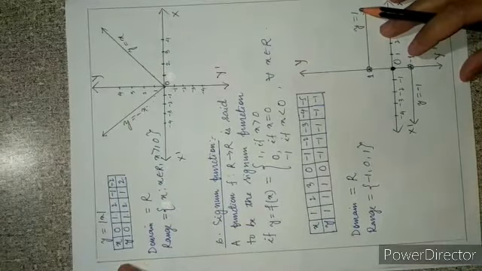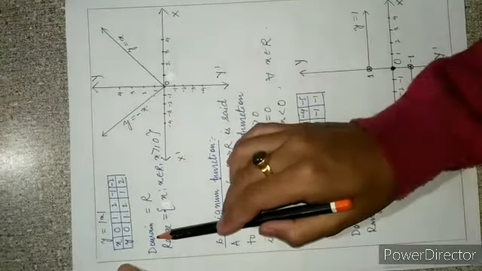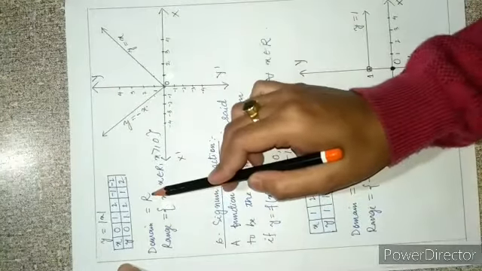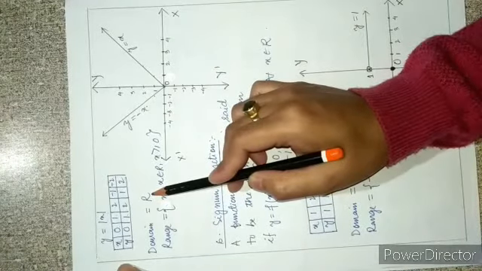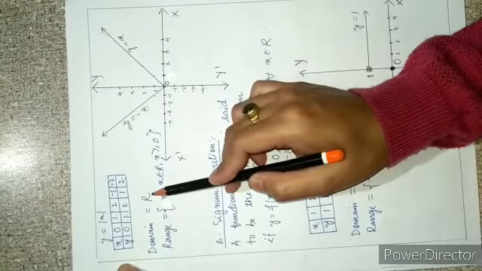Then the domain and range of the modulus function. Domain is the set of real numbers, because every real number has its image under the modulus function.